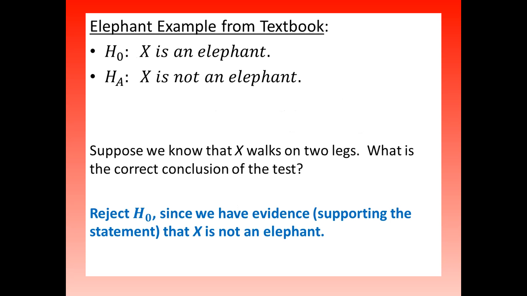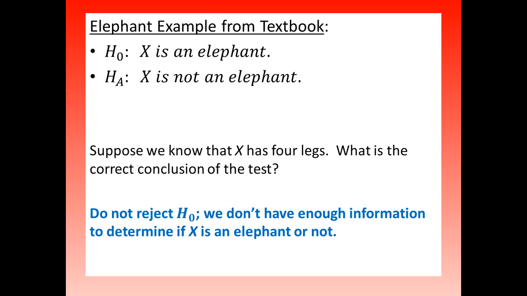This example is in here to illustrate why you don't accept that the null is true based on sample data. If the null is that X is an elephant, and the alternative is that X is not an elephant, what we know is that X walks on two legs. Based on that, you'd say, well, we can reject the null because elephants don't walk on two legs.